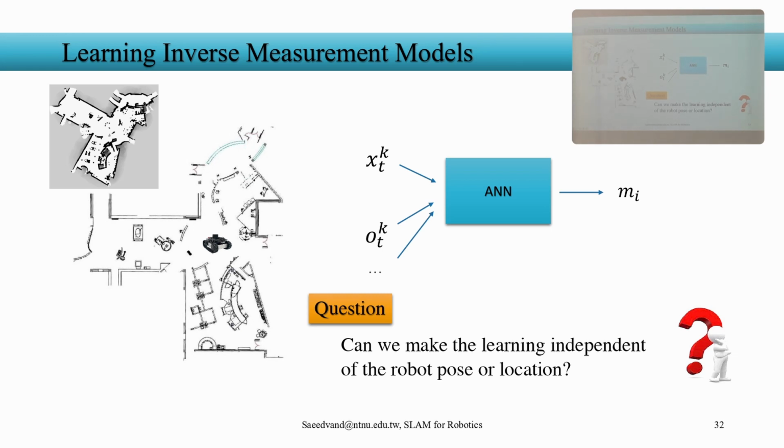Now you can, as a researcher, think about what more data we can feed based on the problem that we know. If we want to solve the loop closing problem, instead of a neural network we can put deep learning here. We can apply some filter hierarchy here.